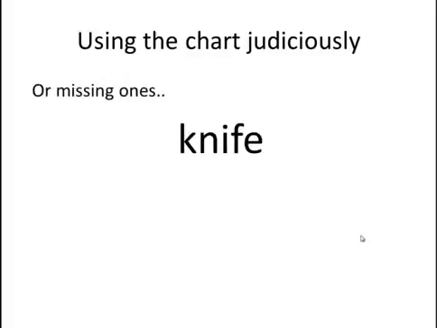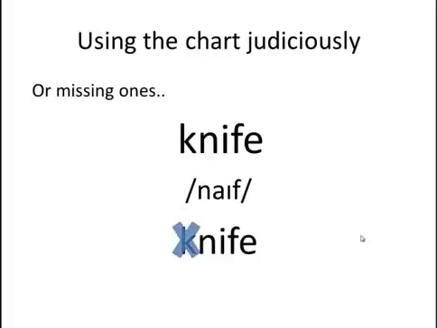The other thing that you could highlight is missing words. So how would you write this in the chart? Stop me again and see if you can write this. Okay, that's what you should have. Alternatively, of course, you could just write up the spelling and do something like that to show them that it's a silent letter. That's another way of doing things.